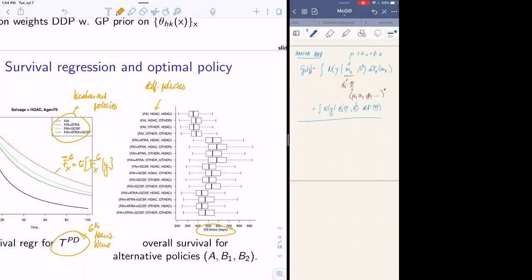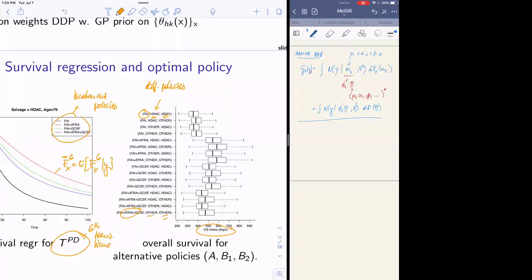For different policies, I think it's always a triple: the frontline therapy, first salvage therapy, and second salvage therapy. For all possible combinations of frontline and the 2 salvage therapies, we get posterior predicted overall survival.